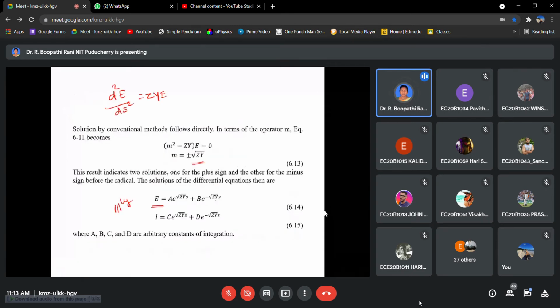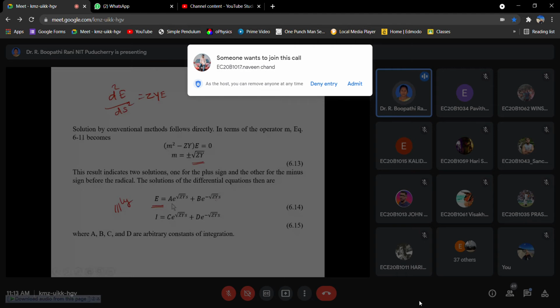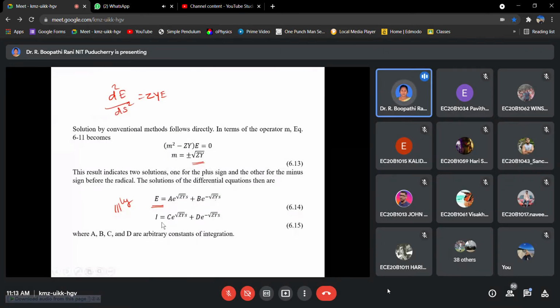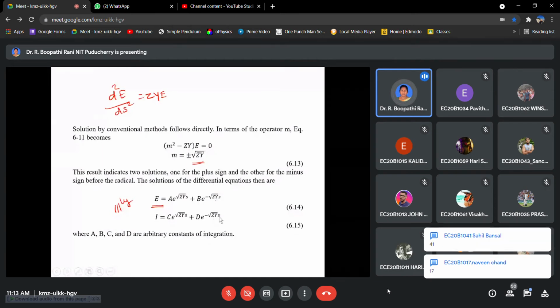While solving we got E equal to A e power root ZYS plus B e power minus root ZYS, and I equal to C e power root ZYS plus D e power minus root ZYS. This is what we got.